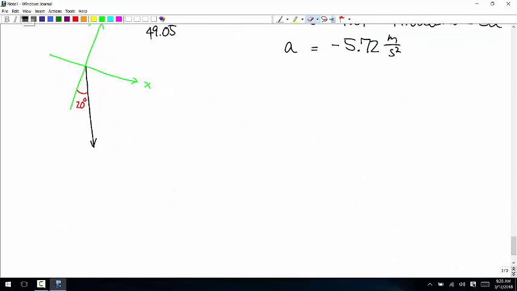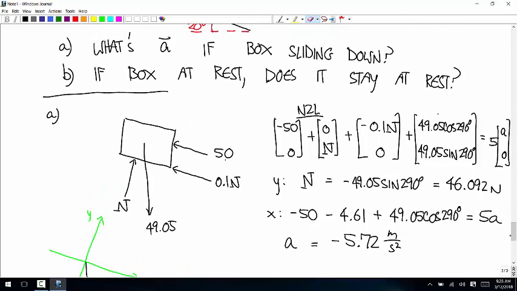So what would the box sliding down change? It changes the direction that the friction force acts. So if I said that the box at that instant was sliding up, the friction force would go in the positive x direction.